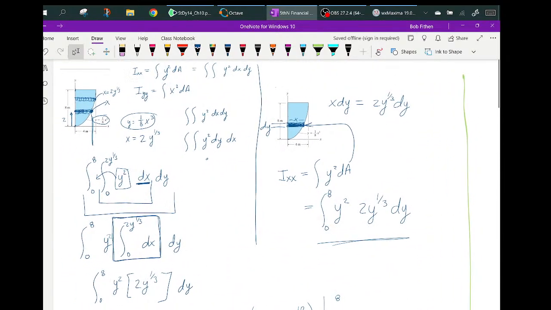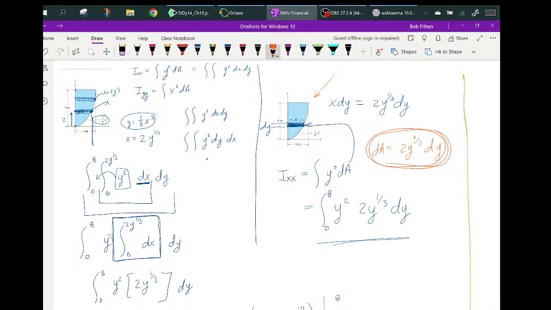The first thing you saw is that he's building these bars that are either horizontal or vertical. Here we have a horizontal one, and so your dA becomes, in this case, he's listing it as 2y, 1/3, dy. He's defining that.